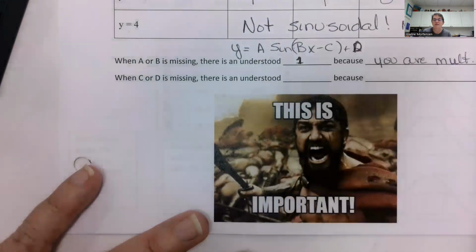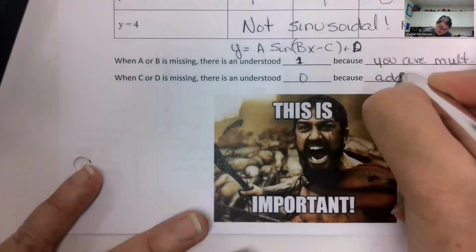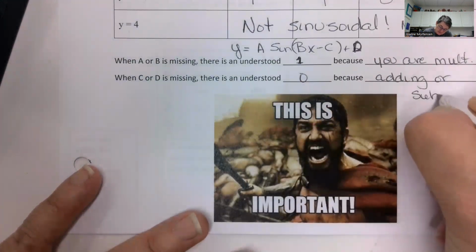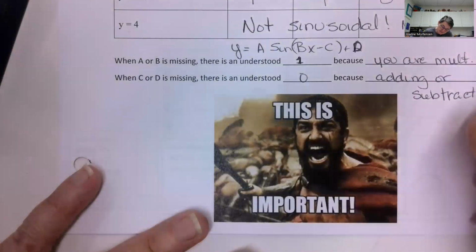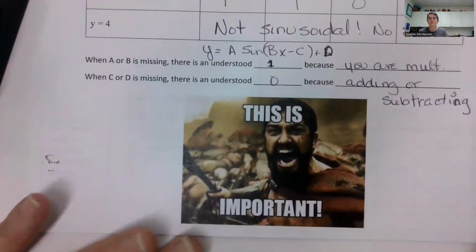But with C and D, you're doing addition and subtraction. Sorry, I'm trying to think, there's a fancy word for it. But it's the value that doesn't change, that you can add or subtract and doesn't mess up anything, is a 0. Make it parallel, adding or subtracting.